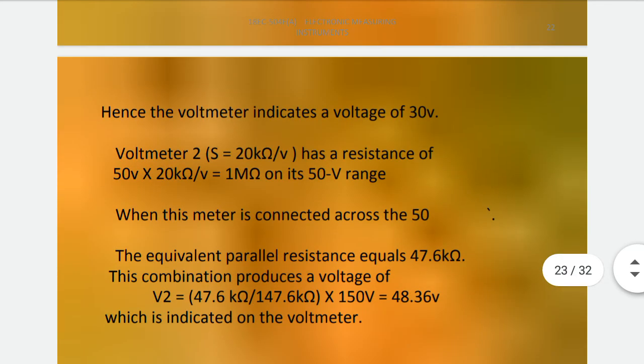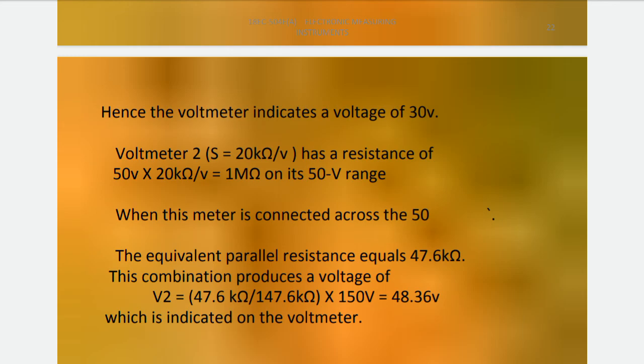Now coming to voltmeter 2, it has a sensitivity of 20 kilo ohm per volt. If you substitute the values, 50 volts into 20 kilo ohm per volt, you get 1 mega ohm on its range. When this meter is connected across the 50 kilo ohm, the equivalent parallel resistance equals 47.6 kilo ohm.